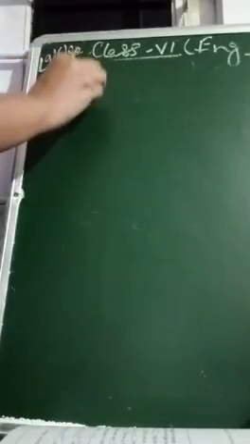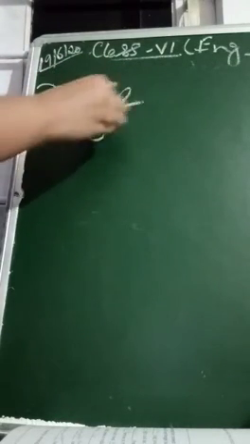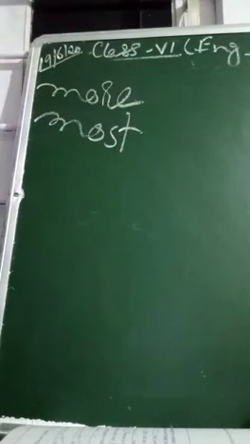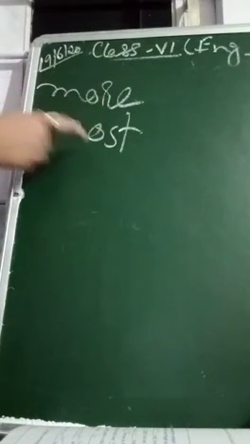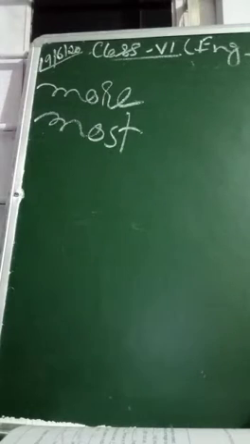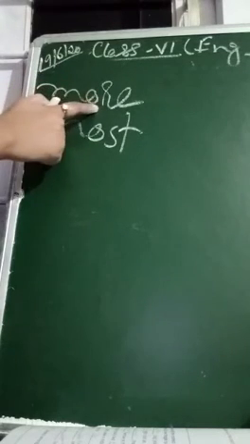Then there are certain words whose form does not change. In front of them we add more in case of comparative, and in case of superlative we add most before the word, right? So we do not add er or est, we just add more and most.